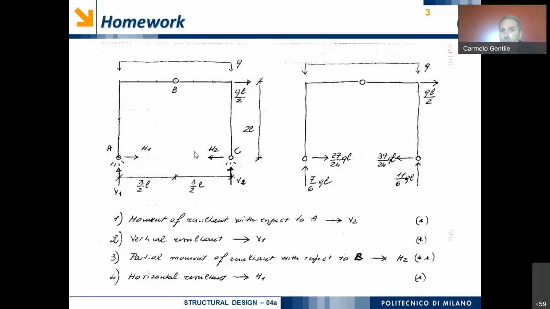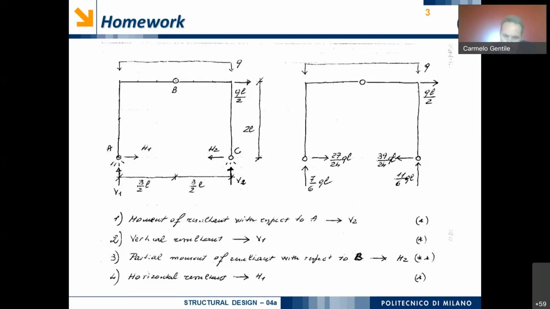At this point, of course, the only remaining unknown is H1, and I can obtain H1 by applying the horizontal equilibrium of the entire structure. And so I can evaluate H1, and the value of H1 is 27/24 times QL.